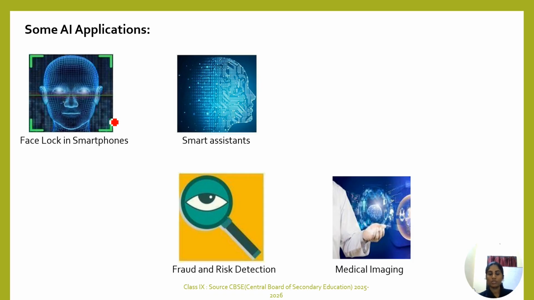So in all industries, if you see, like pharma, medical, banks, institutions, manufacturing, everywhere AI is going to be leveraged. So the expectation from our generation is that we have to upskill ourselves and start applying these.